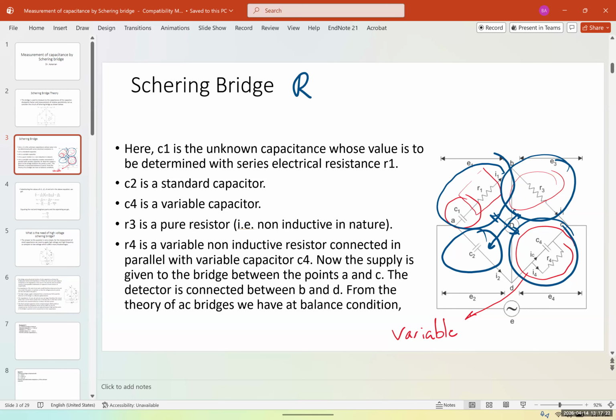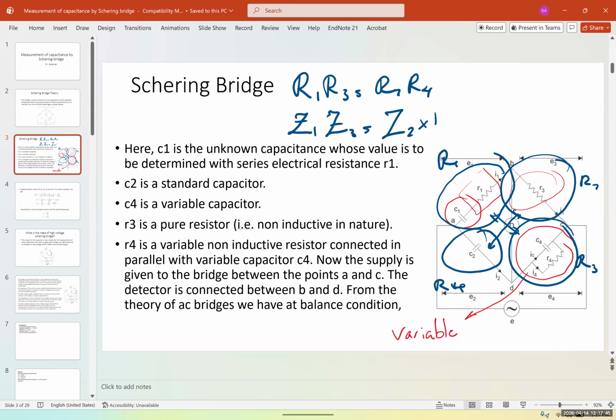We wrote it like this: if this was R1, this was R3, this was R2, this was R4, then R1 R3 was equal to R2 R4. Now I can expand that. Instead of R, I can say the impedance Z1 Z3 is equal to Z2 times Z4.